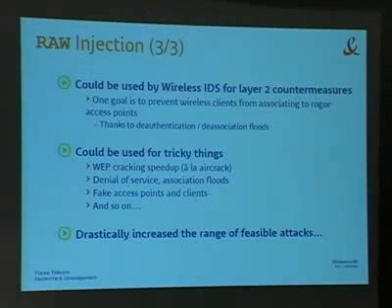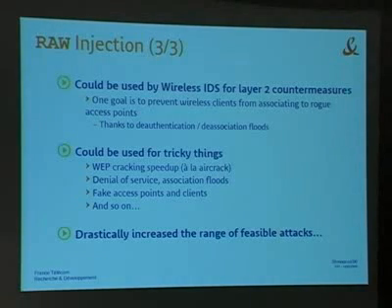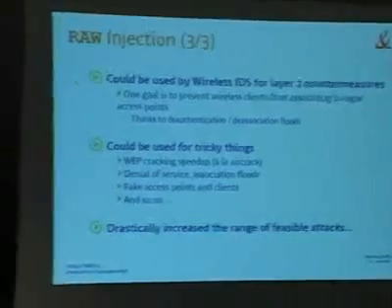And we will talk about a new option for wireless IDS we have investigated in order to catch wireless clients. But it could also be used for an infinite number of things: WEP cracking speedup, denial of service, fake access point, and so on. So it is very powerful.